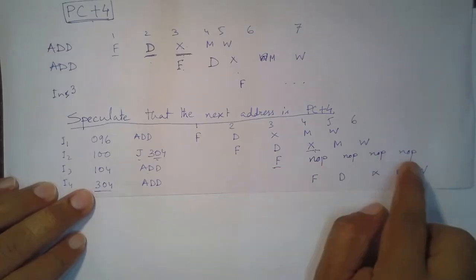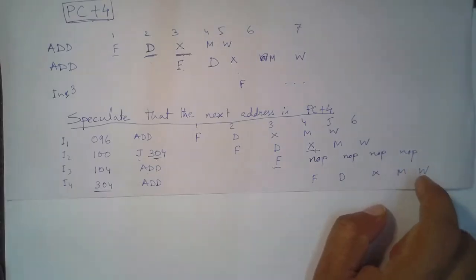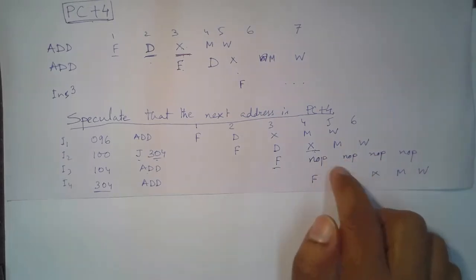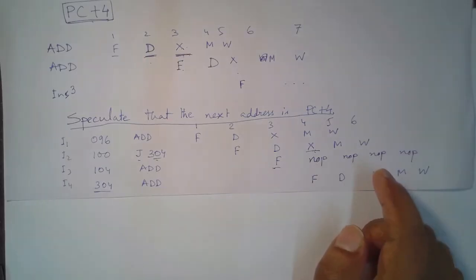That reduces your performance, your CPI increases, and so on. All right. So this is called control hazard. Okay. So I hope this makes sense.